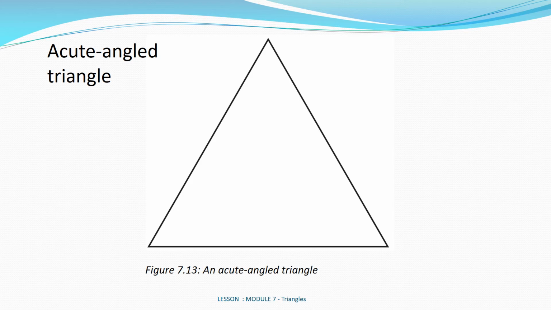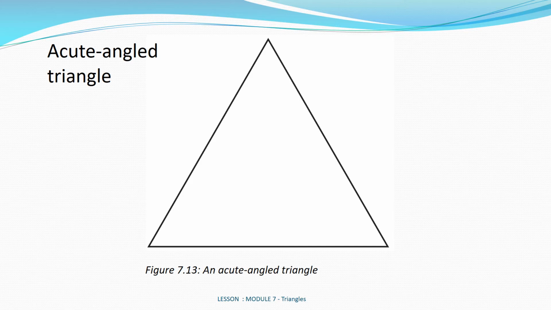Now the next triangle that we speak about is an acute angled triangle. How can we relate this to the previous knowledge that we had in part 1 regarding angles? We said an acute angle is that angle which is less than 90 degrees, isn't it?